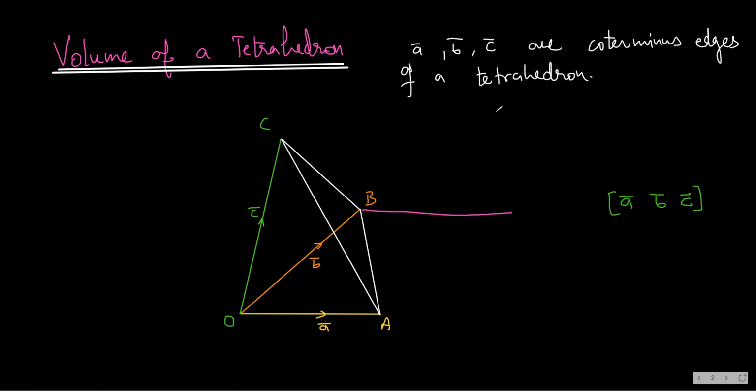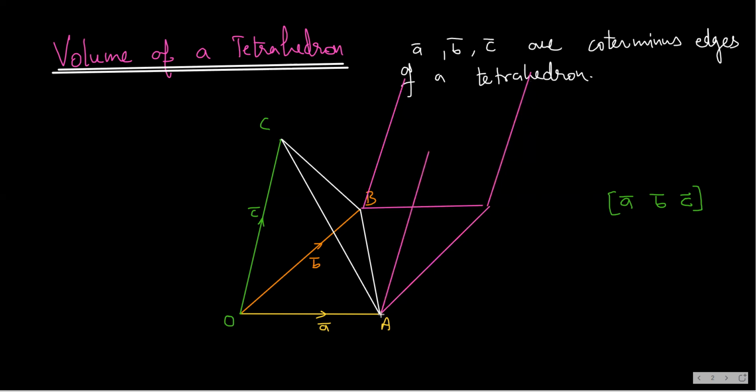See, suppose I now extend this, you will understand it. You will get the volume of this parallelepiped. In the same diagram, you have a parallelepiped. If you do not multiply 1 by 6, it has become a parallelepiped with the same A bar, B bar, C bar as the coterminous edges.